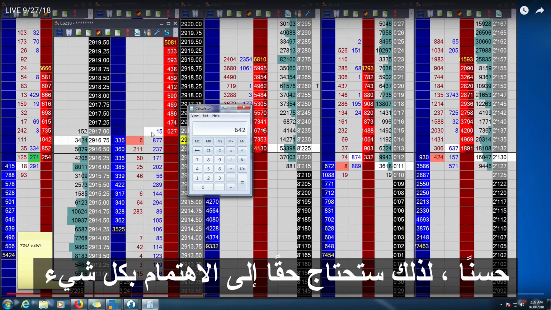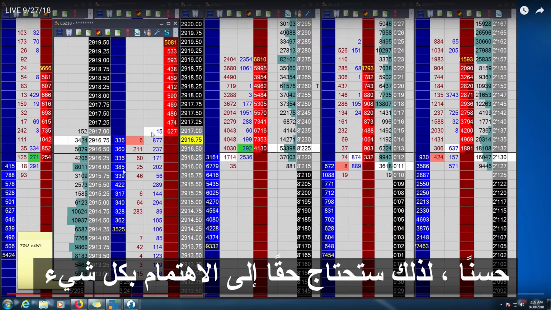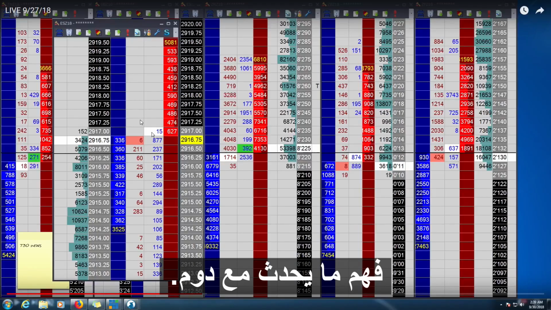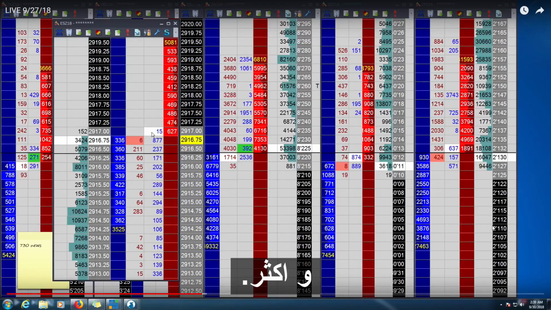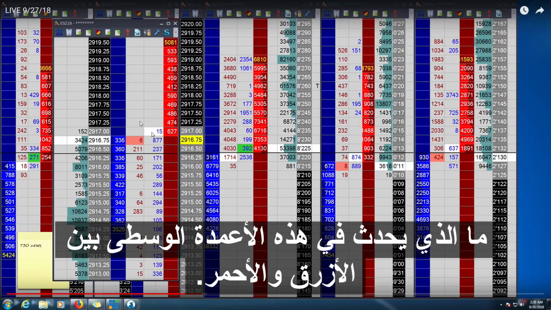Okay, so you need to really pay attention to everything to comprehend what's going on with the DOM, and more so you want to pay attention to what's going on in these middle columns between blue and red.